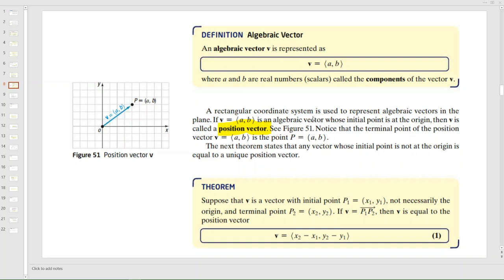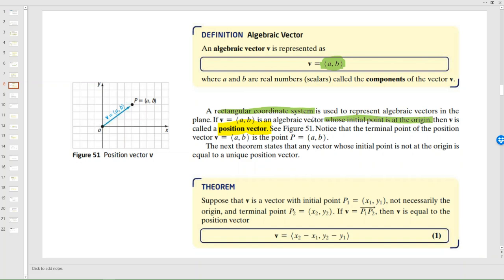Okay, here we're showing a new way to represent a vector. It's called algebraic, and the reason it's called algebraic is because we're just going to use what we're accustomed to thinking of as ordered pairs, but we're going to put different symbology around the edges. And all that means is that the vector has been moved so that the start position of the vector, the initial point, coincides with the origin in a rectangular coordinate system.